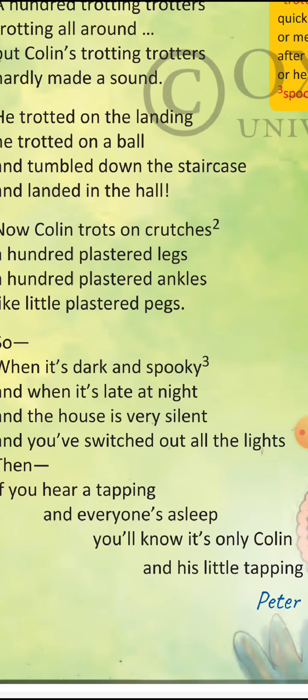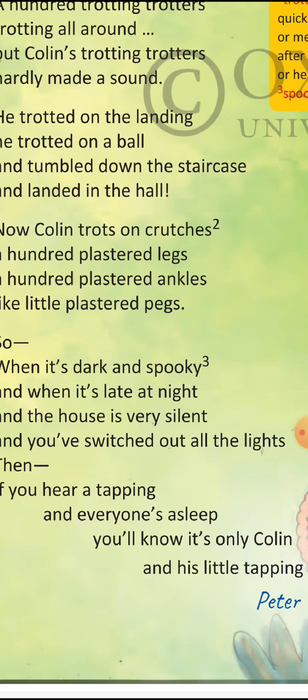So, if you notice any creature at night, children, that is at a late night, when the house is too silent, when all the lights are switched off, what can you notice? If you notice any creature, that creature is Colin. That is your centipede.